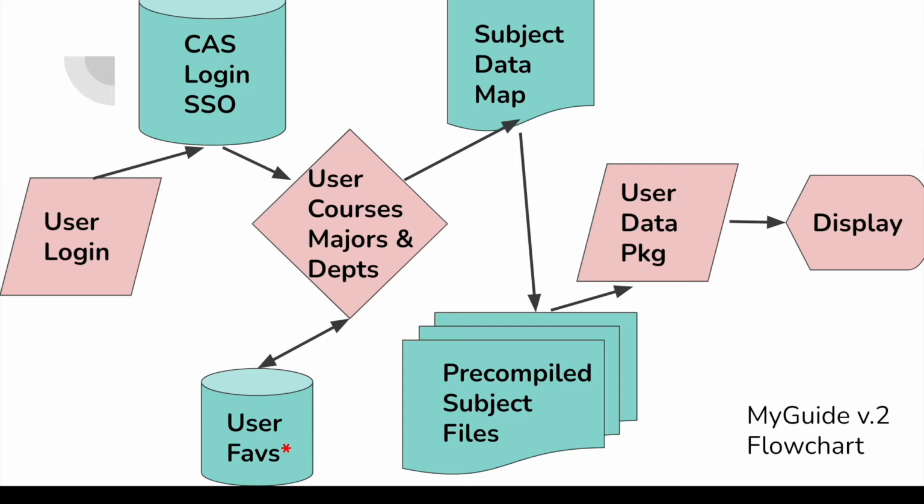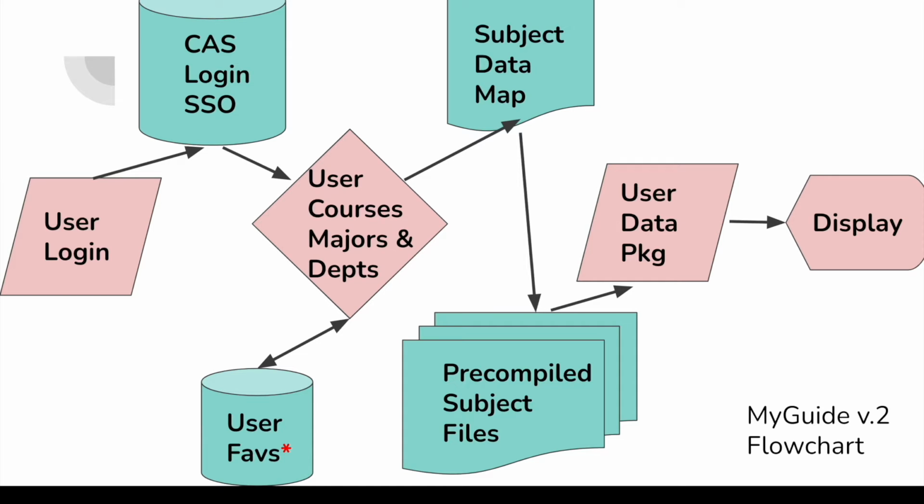Maybe they aren't a history major, but they like bringing a historical lens to other subjects. If they favorite the history subject, we will always include history as a subject for them, whether their main record has a history class in it or not. That way, history will be added to their list of subjects to display, and the precompile subjects files step will add a history file into that mix.